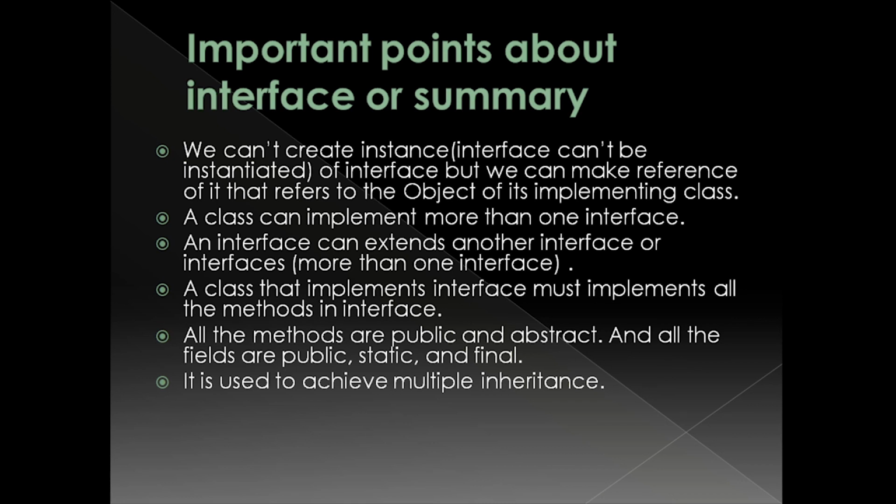A class that implements interface must implement all the methods in an interface. All the methods are public and abstract, and all the fields are public, static, and final, and it is used to achieve multiple inheritance. So these are some of the points that are related to interfaces.